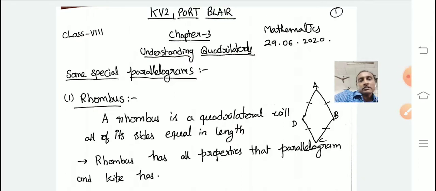This is about class 8 standard mathematics, understanding quadrilaterals, which is chapter 3, a continuation of the previous session. Already I have done 2 sessions with you for this chapter. With the help of those 2 sessions, you would have completed all the exercise problems up to 3.3.